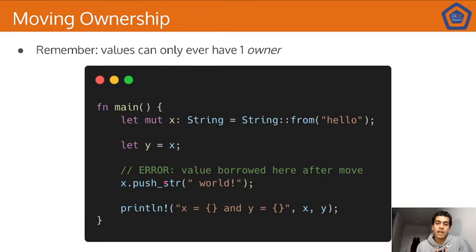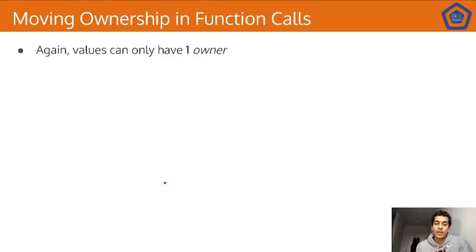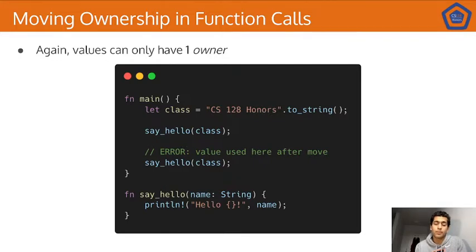The same thing happens in functions. Again, values can only have one owner. In this example, we have a variable class, and class owns this CS128 honors data. It's somewhere on the heap, and so we can say hello to class. At this point, we're moving ownership of class into this function, right?